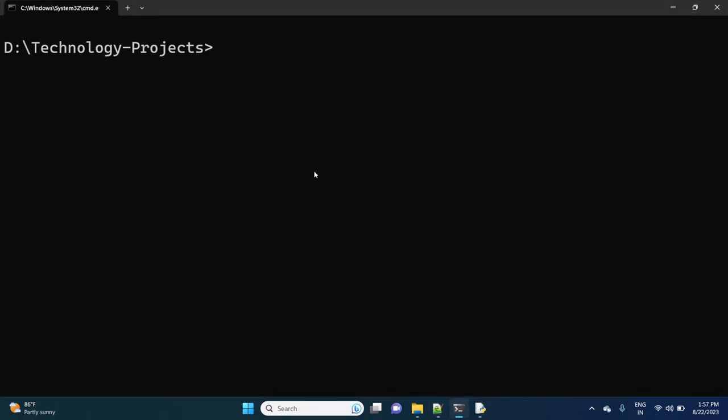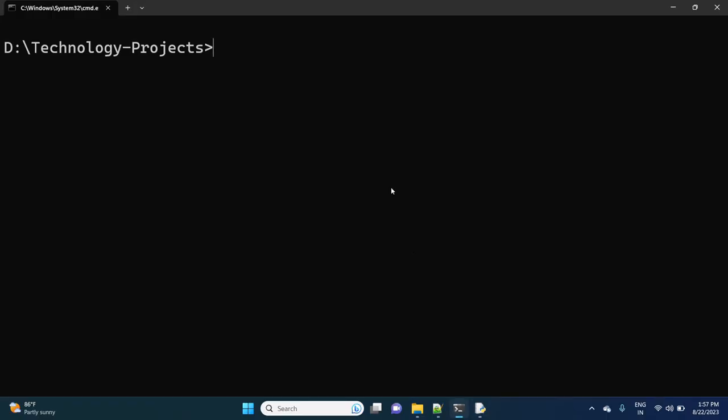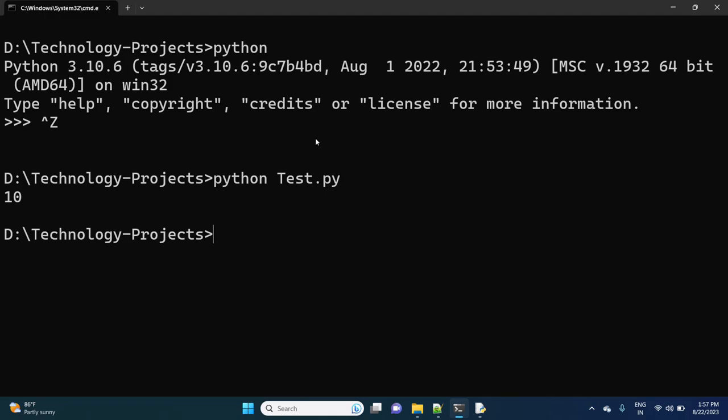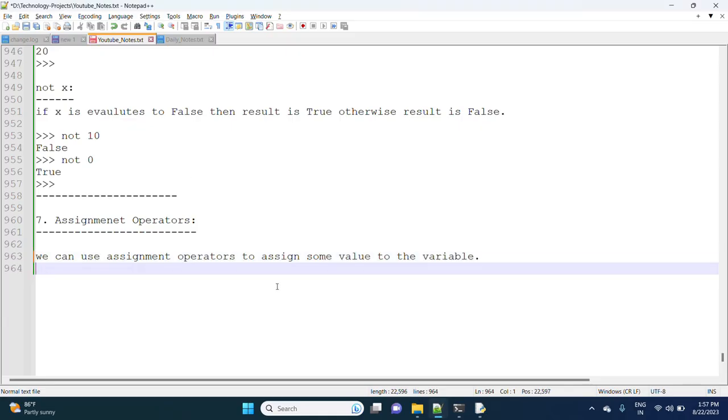That means, suppose I am taking a equal to 10. If I am taking a equal to 10, it means I am assigning a value to the variable a. So observe here, what is the value of a now? a equal to 10.